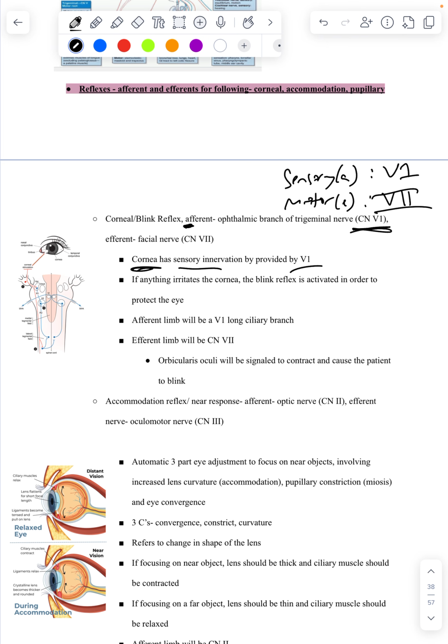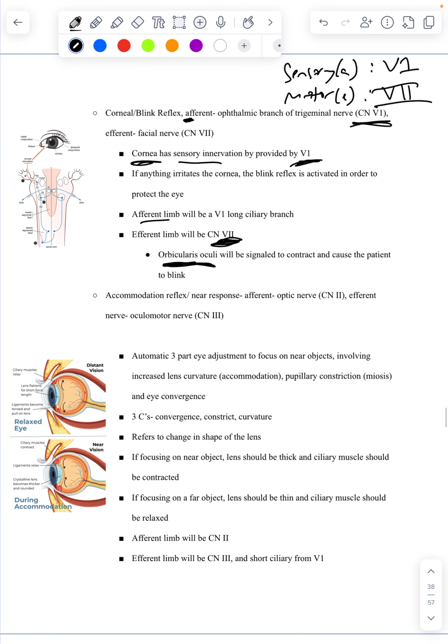The way they test it is they put something that doesn't hurt you near your eye, on the cornea, so that you blink. So the sensation part is V1, but the actual blinking is cranial nerve 7. And the muscle innervated by cranial nerve 7 is the orbicularis oculi. This is the lab stuff. It's the muscle around the eye for blinking.